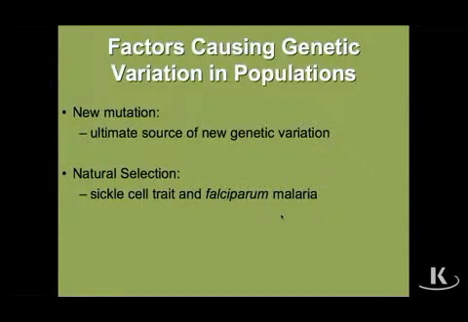Because of that natural selection in favor of the sickle cell mutation in Africa. In some parts of Africa today, as many as 1 out of every 3 people is a carrier for sickle cell disease. So in this example, natural selection can be a very powerful selective agent for the mutation.